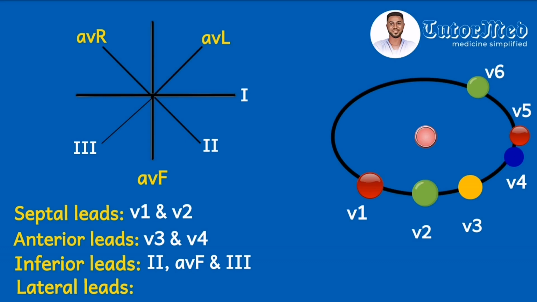And then V5, V6 are called lower lateral leads. And so together they constitute the lateral leads. Remember that although AVR also looks at the right lateral wall, it is not part of any group. But we should note that it brings information from the right atrium and then the sinoatrial node by virtue of its position.